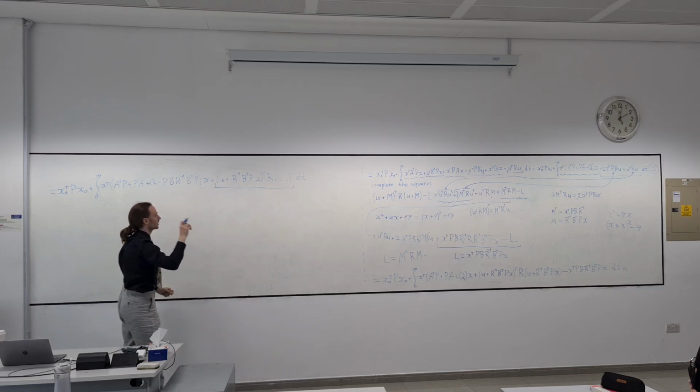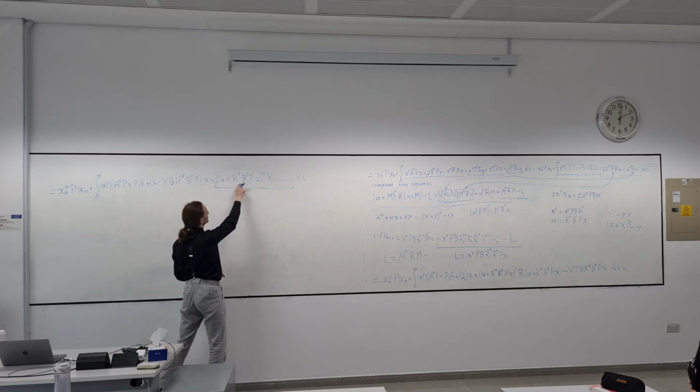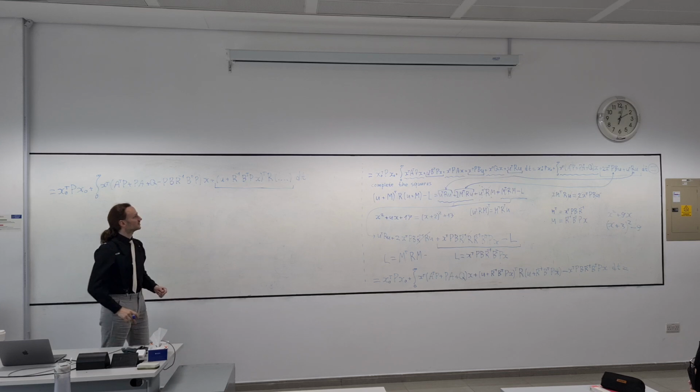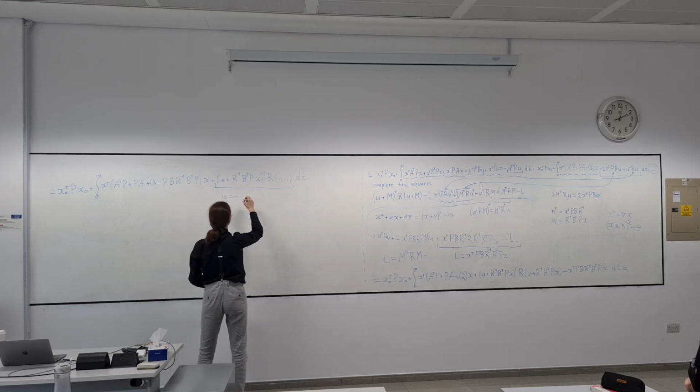However, we can equate this term to zero if we set this thing to be precisely zero. So the second term under the integral would be zero if our control satisfies the following expression.